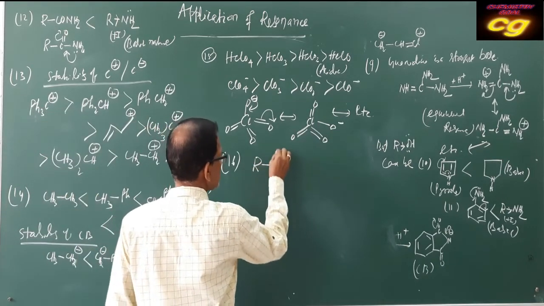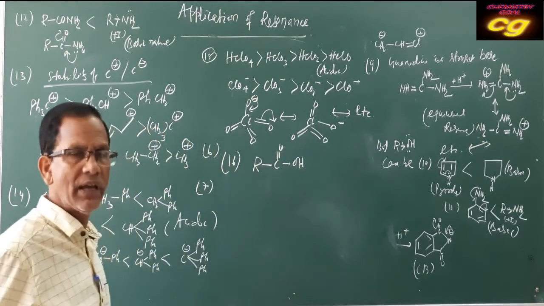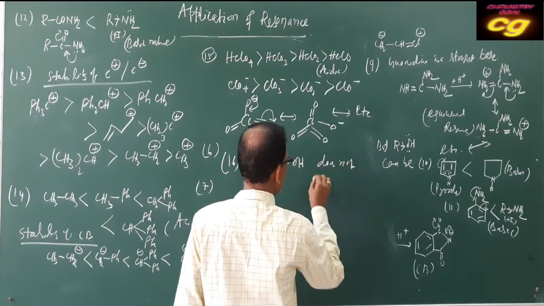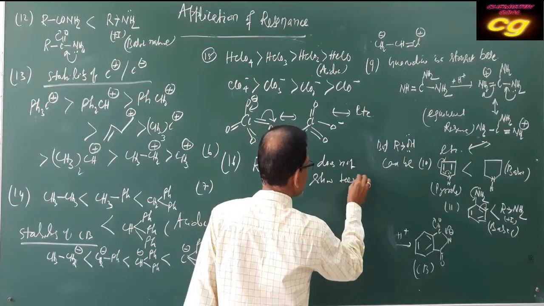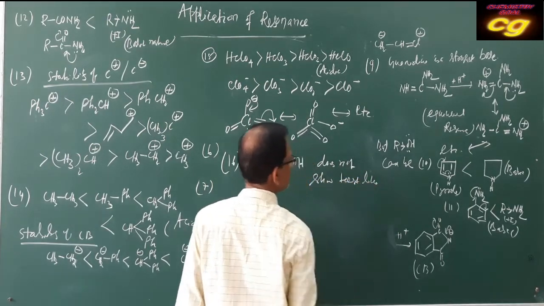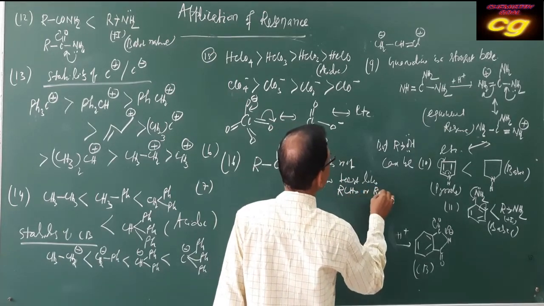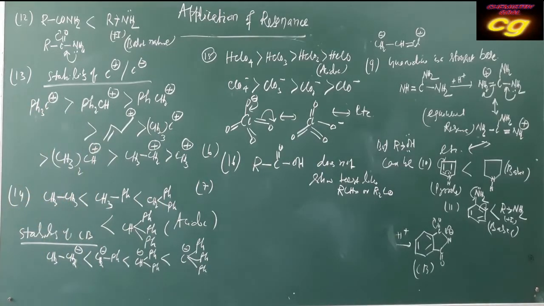If you see organic acids, they do not show the tests like aldehyde or ketone. Why do they not show the tests like aldehyde and ketone?